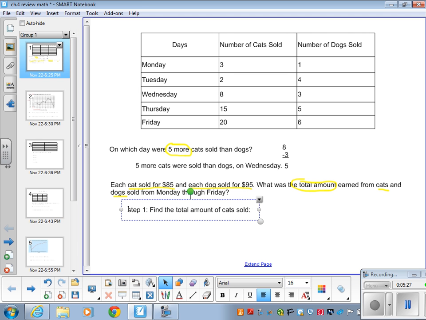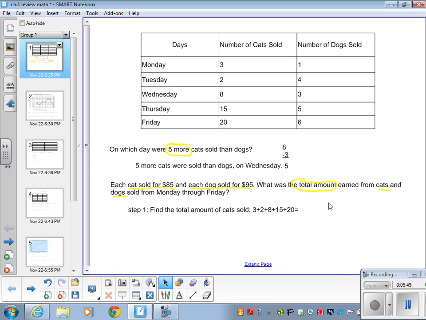Yes, we have to add. We have to add 3 plus 2 plus 8 plus 15 plus 20. Notice Miss Rosenberger got her answers from looking at this column labeled number of cats sold. When I add them all together, let's see what I get.